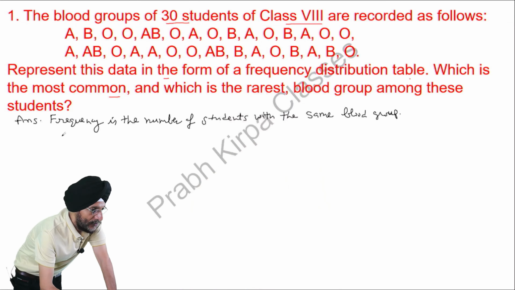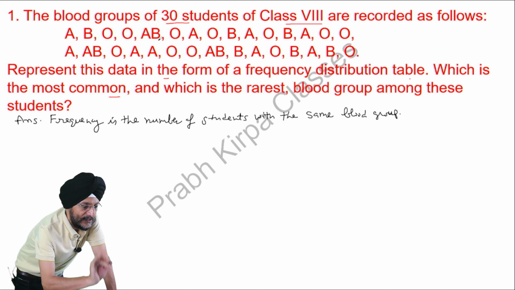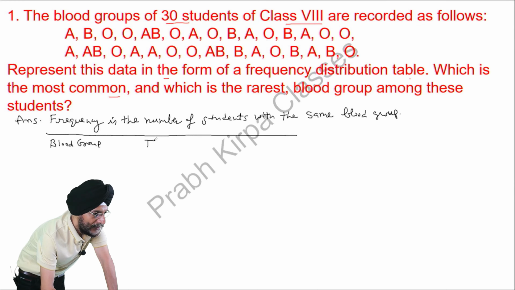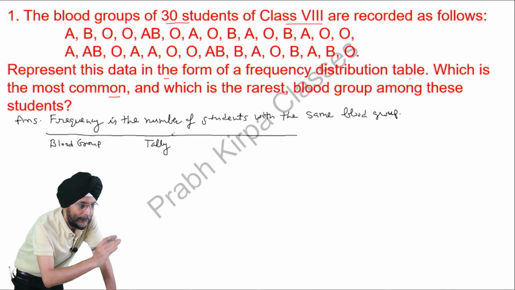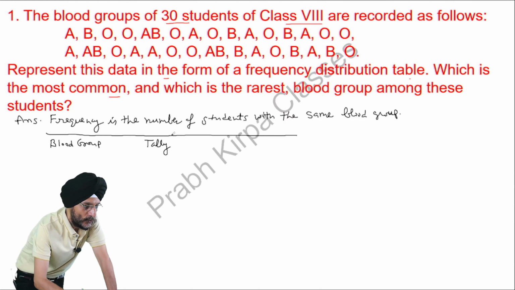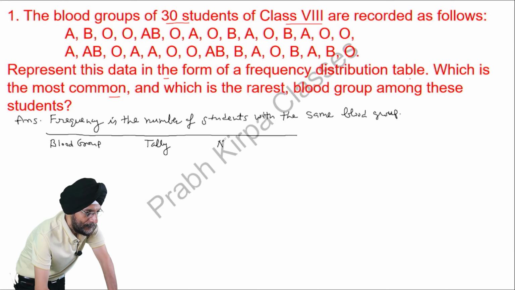These are the blood groups A, B, O, and AB. These are the 4 blood groups. So we will form the table. The title will be blood group, then tally, that is the number of times a blood group is found in the students. Then the number of students, which is also known as frequency.